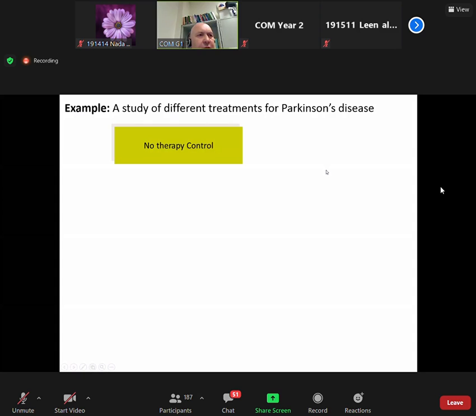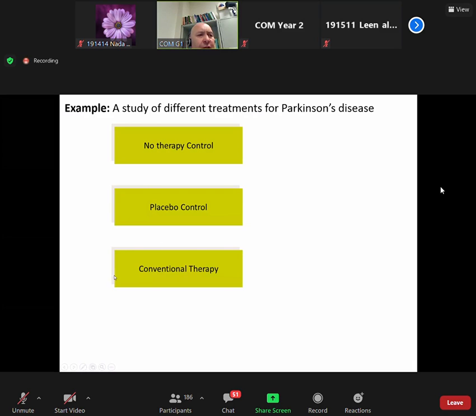There's a placebo control, so these people think they're getting some sort of treatment. There's conventional therapy, which might be L-DOPA, among other things, for Parkinson's disease. And then there's some sort of new age therapy, I don't know, waving crystals around or something, to see if that can help patients increase their mobility.